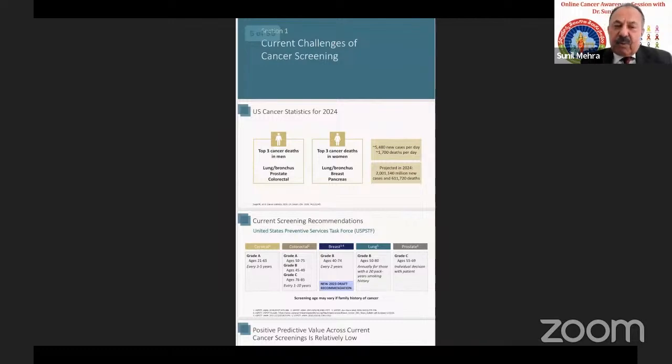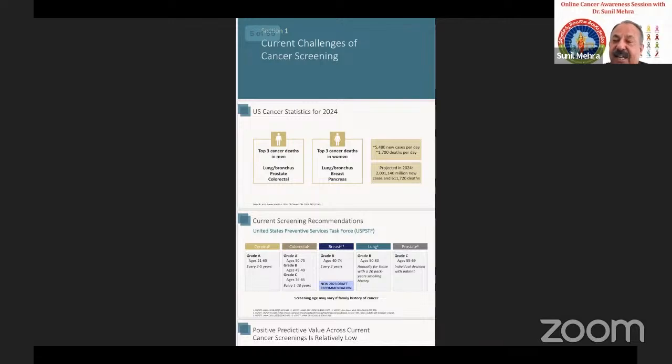So these are the things I wanted to go over. The top 3 cancers in men remain lung and bronchus, which we stress a lot, number 2 prostate, number 3 colon. And I mentioned the screening is quite well. The top 3 cancers in ladies also include lung. Lung has gone beyond breast because of smoking.